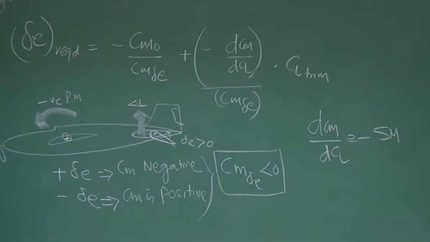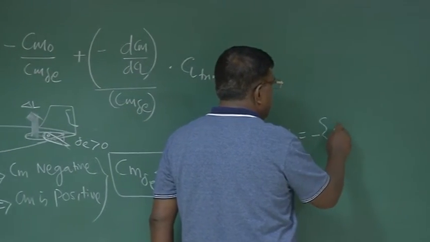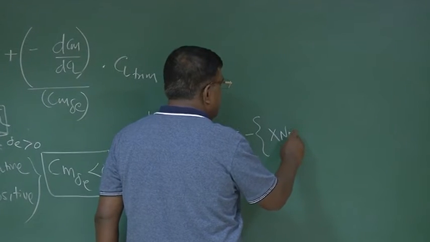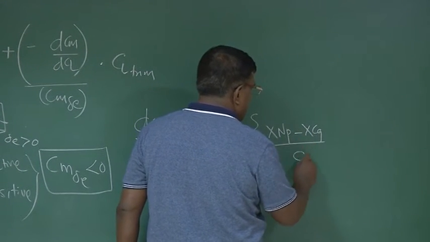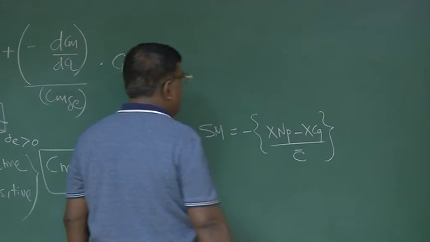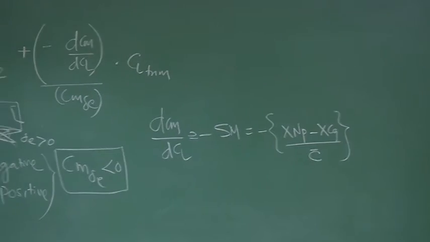And what was static margin? We know static margin is minus of x neutral point minus x CG of the aircraft, non-dimensionalized with c. Clear? So this term is also known.